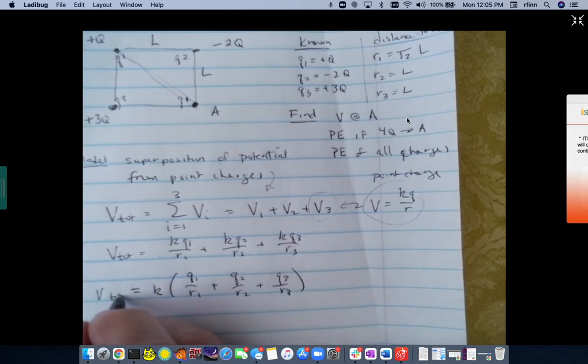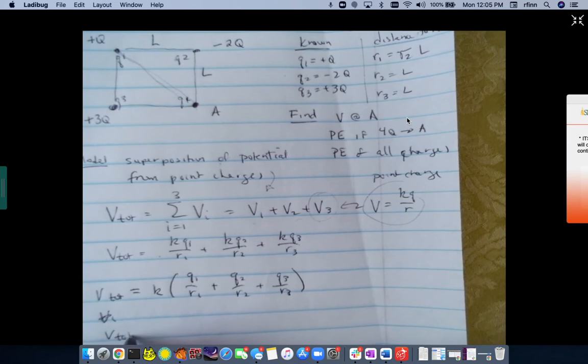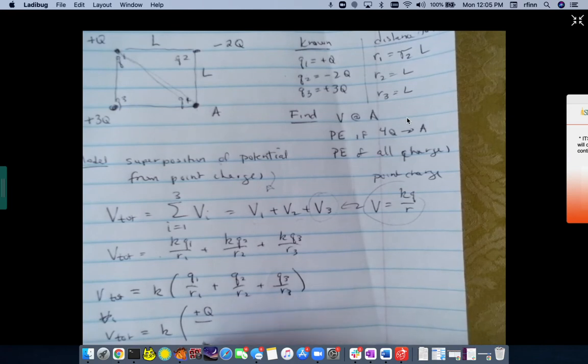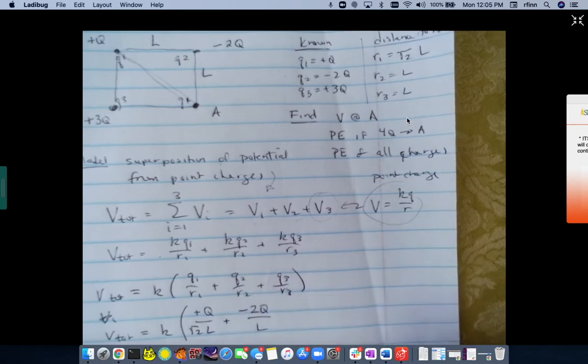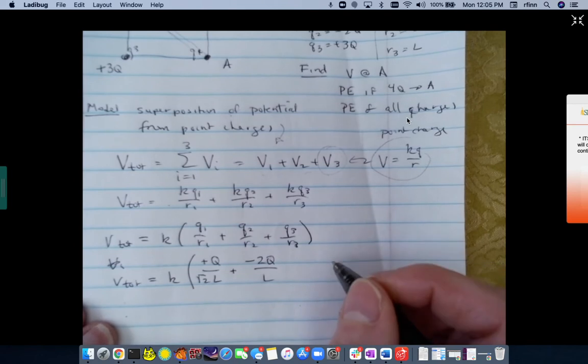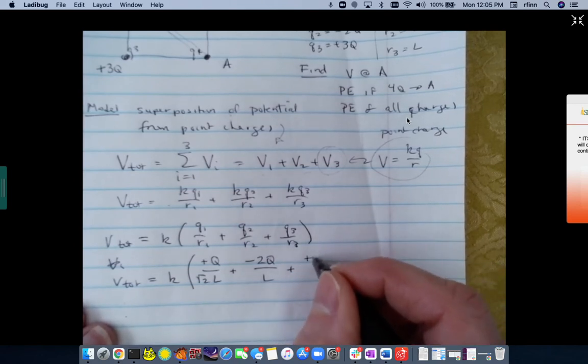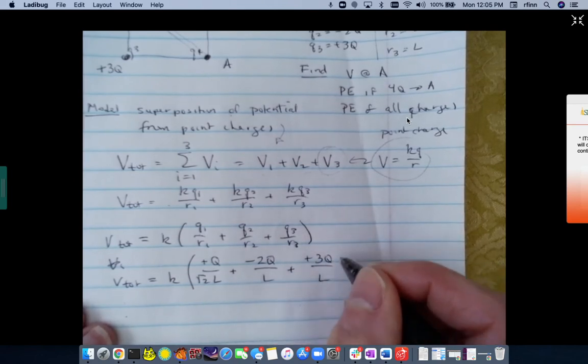So my total potential is K, and then Q1 is plus Q. R1 is the square root of 2 times L. And then we have Q2 is minus 2Q, and it's a distance L away. And then Q3 is plus 3Q, and it's also a distance L away.